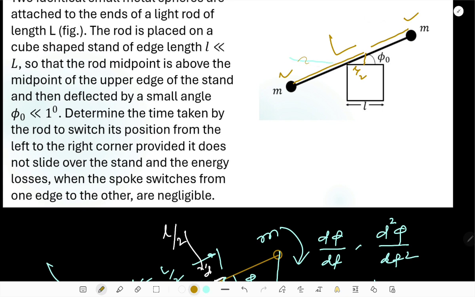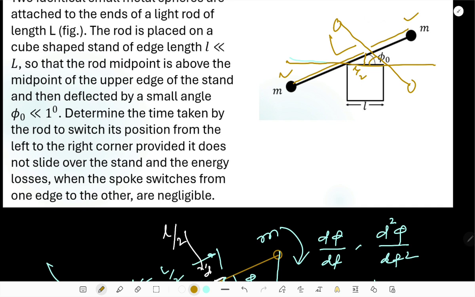The system will become horizontal, and then it will go to the right, and I guess in the same manner, again making angle phi naught from the equilibrium position. This is not explicitly mentioned in the problem, but how can I find the time if I don't assume it? So I'm assuming that this is going to happen: the rod-ball system again makes an angle phi naught from this side.